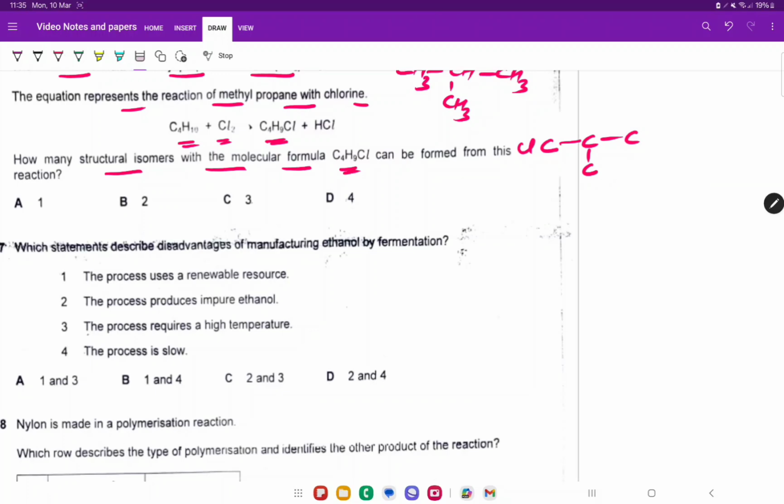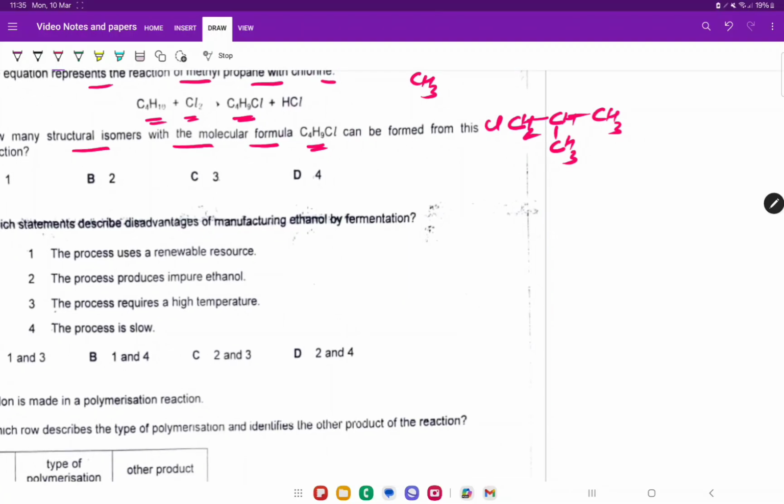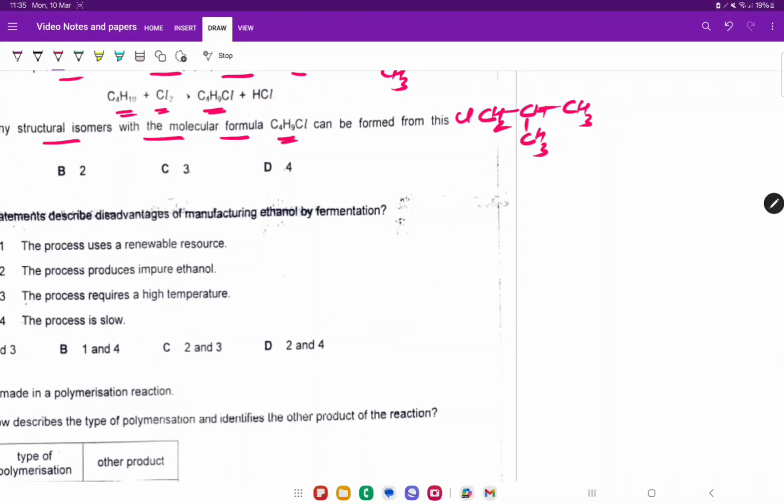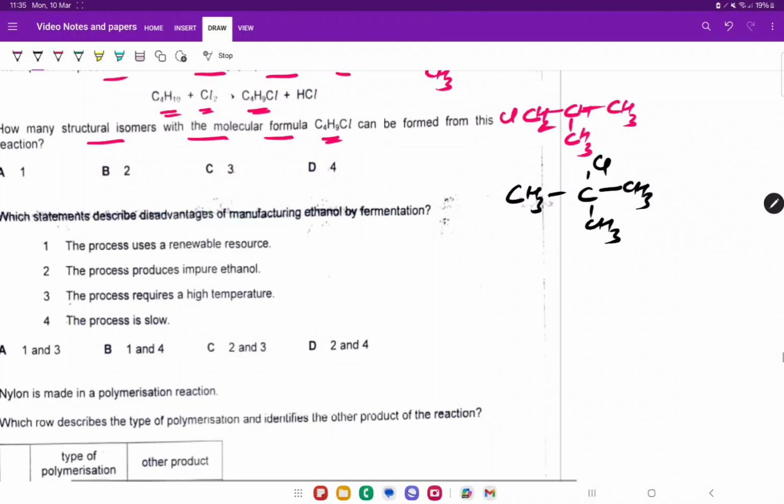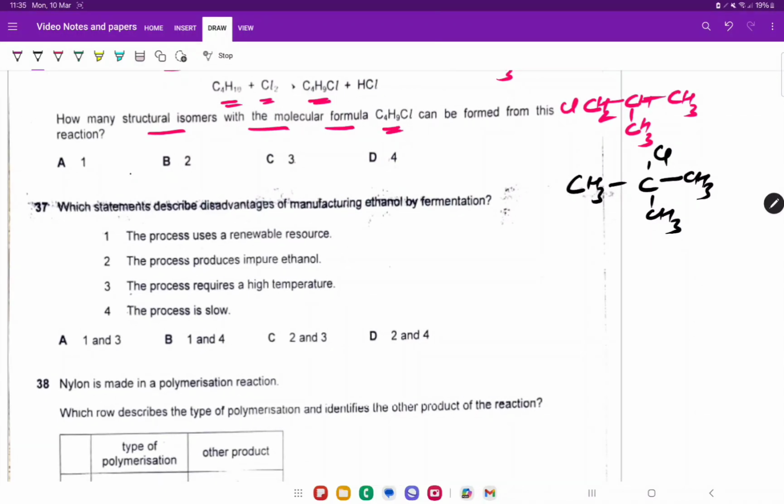If it is attached to the first carbon, the first isomer will be CH2Cl, CH, CH3, CH3. That is 1-chloro-2-methylpropane. And it can also get attached to the second carbon, CH3, C, instead of hydrogen, chlorine comes here, CH3 and then CH3. 2-chloro-2-methylpropane. So these two could be the isomers. The answer could be 2. Answer B.